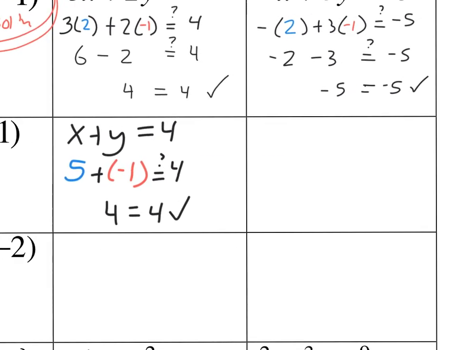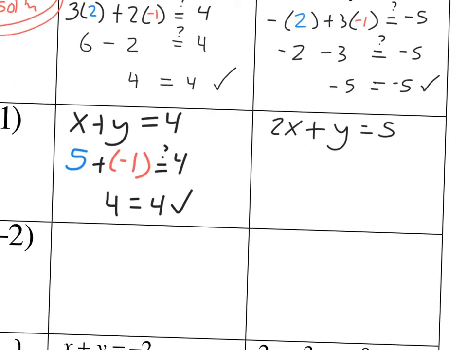So 2x plus y is the next one, equals 5. So that's a definite equal. And now I just plug and play. So 2 times 5 plus a -1 equals, with a question mark, don't know. If you prefer to put the question mark on the outside like that, that's fine too.